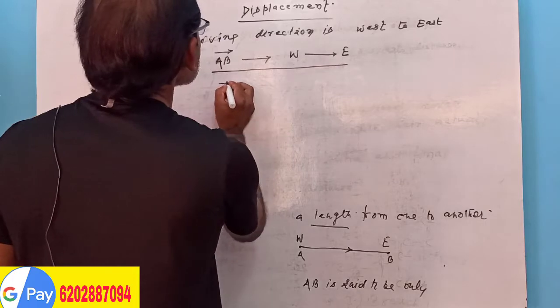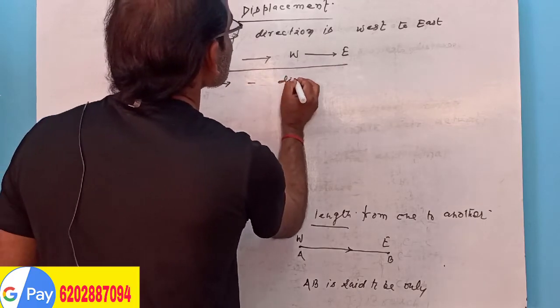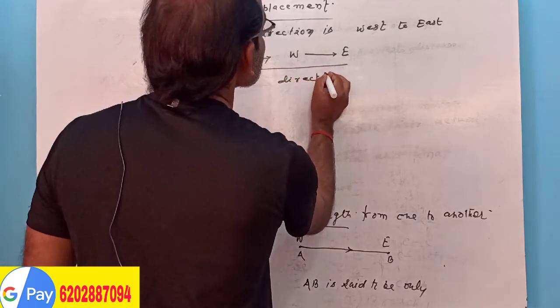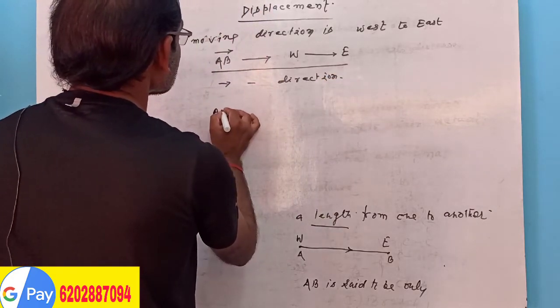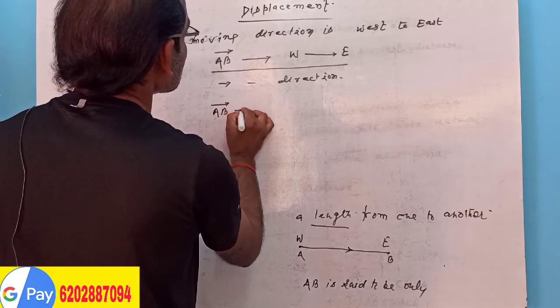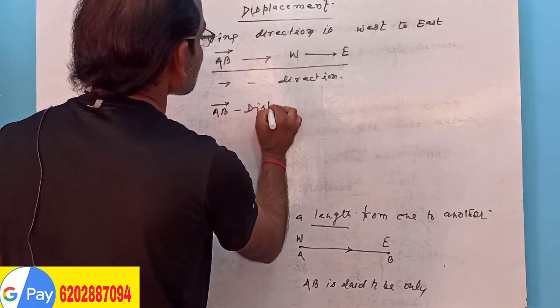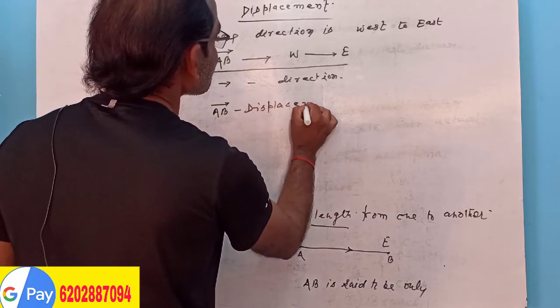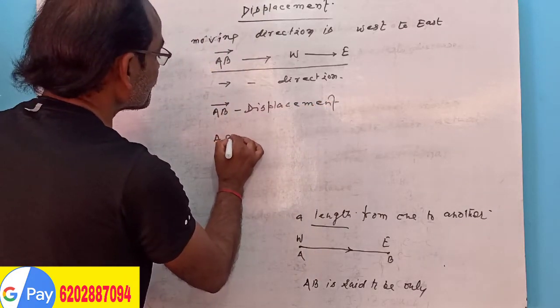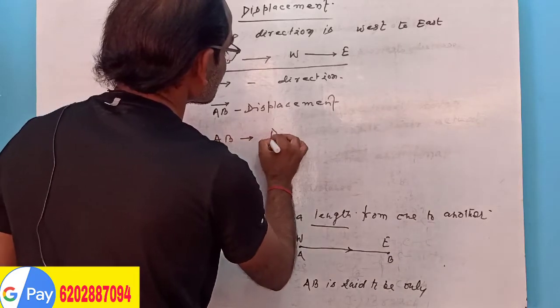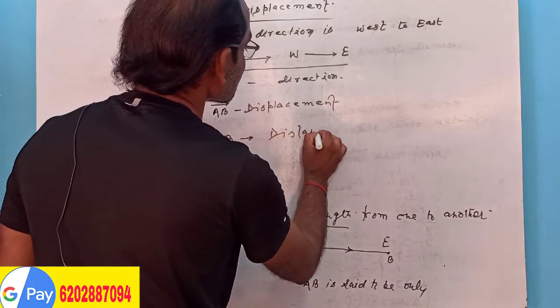This arrow indicates direction. Hence, AB with an arrow is displacement, where AB is distance.